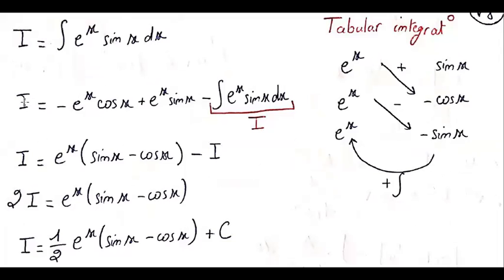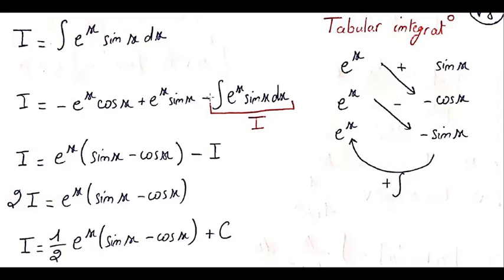So basically what we are going to have here is I equals plus e^x multiplied by minus cosine x. So minus e^x cosine x, minus e^x multiplied by minus sine x, which is a plus e^x sine x, and then plus the integral of e^x multiplied by minus sine x.